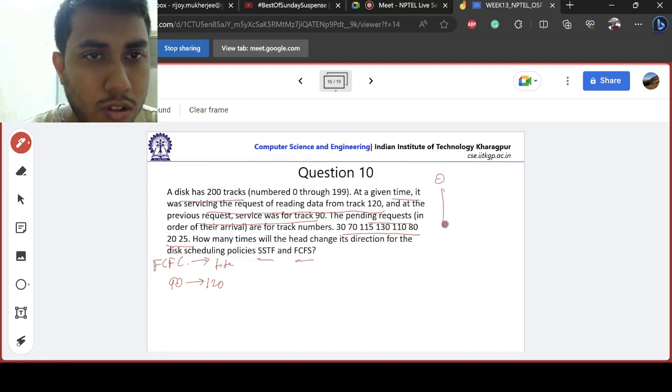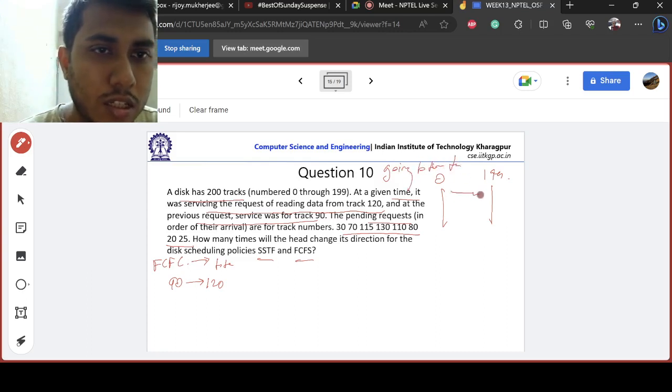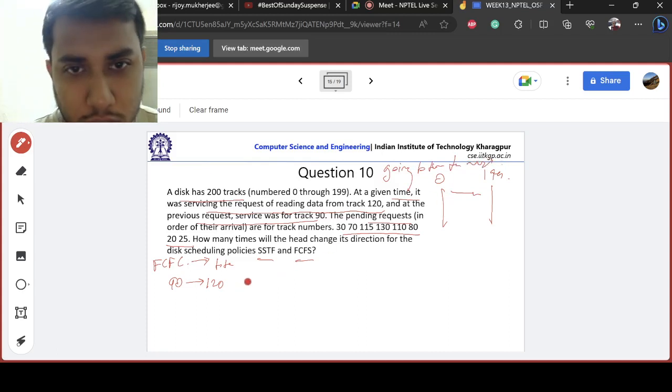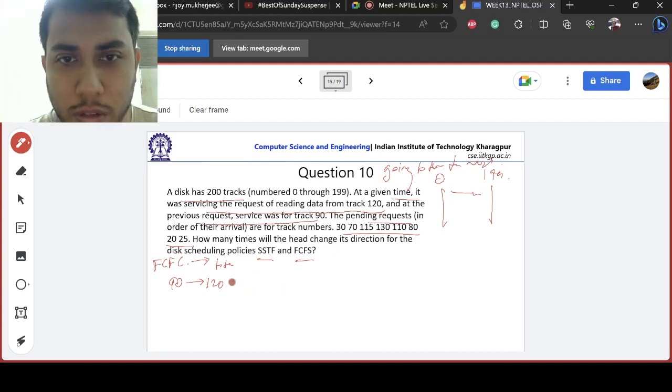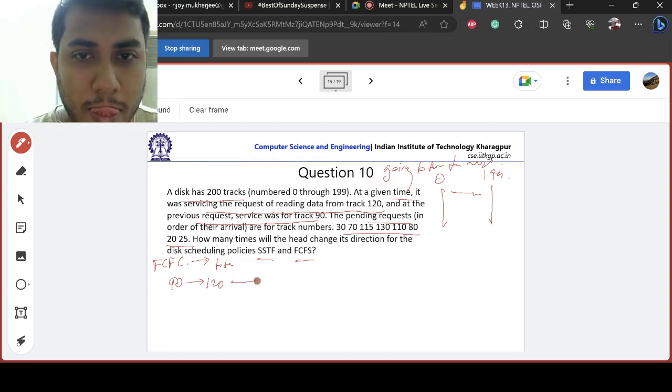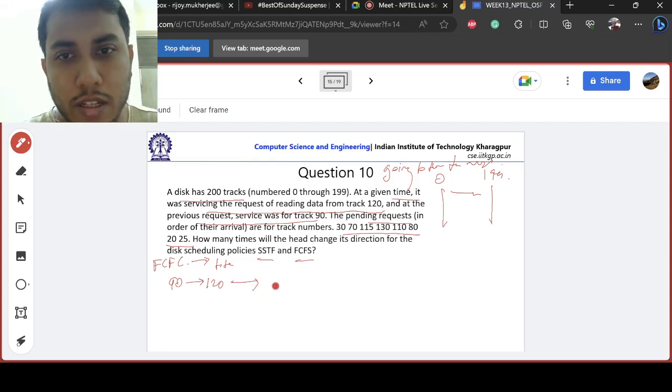If this is 0, this is 199, so it is going towards the right.